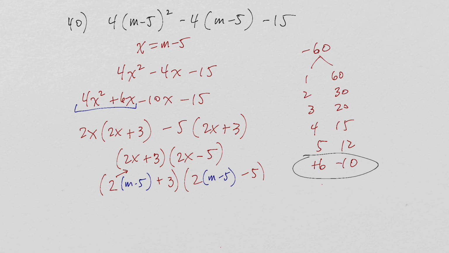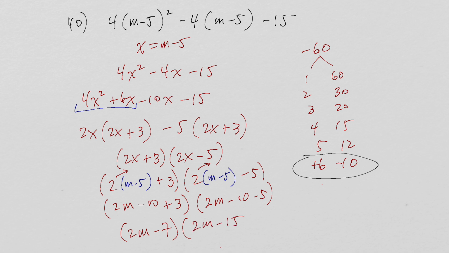I'll distribute this, and we'll get 2m minus 10 plus 3. We'll distribute this, we'll get 2m minus 10 minus 5. And when I simplify that, I'm going to get 2m minus 7 times 2m minus 15. And that's your final answer.